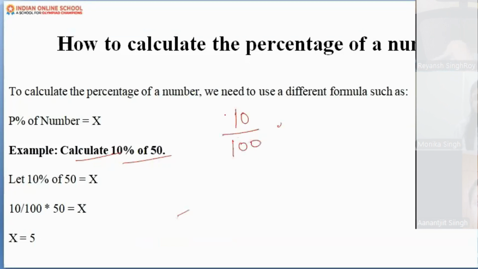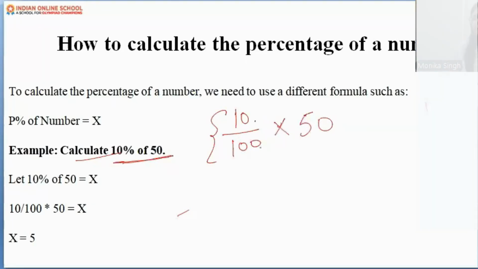So I can write 10% like this, 10 out of 100. Of means multiply 50. 10% of 50 is 10 out of 100 multiplied by 50. Now solve it. We get 5. So 10% of 50 is 5.